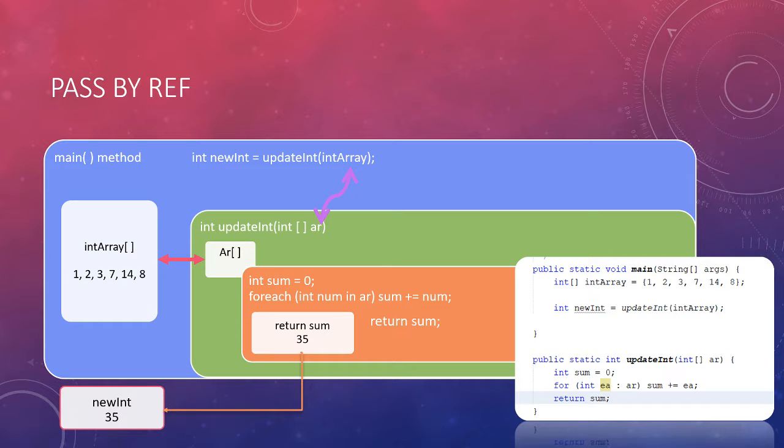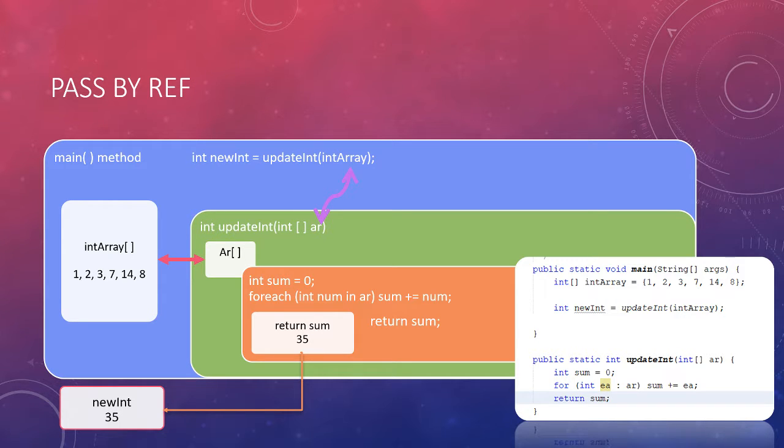That's passing by value. When we work with arrays, array data is passed from one method to another by reference, and that means it's passed by memory location. So if I pass an array from my main method into my updateInt method, I'm actually going to be working on the same array in memory at the same location.